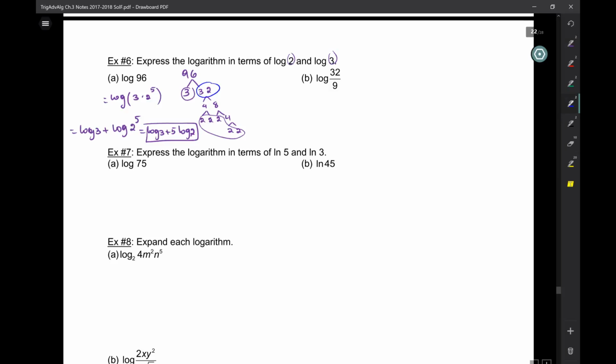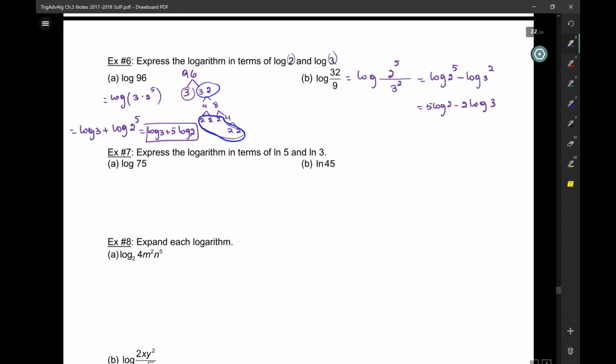And we were able to decompose the 32 into how many 2's? 5 2's. So I can rewrite that as log of 2 to the 5th over 9. And 9 is made up of 2 3's, so 3 squared. So this is log 2 to the 5th minus log 3 squared. Right? 5 log 2 minus 2 log 3.